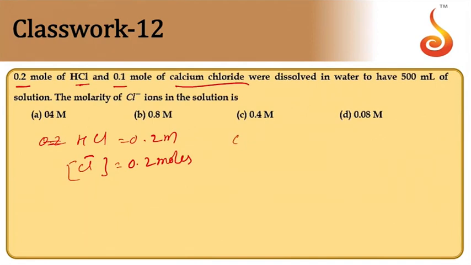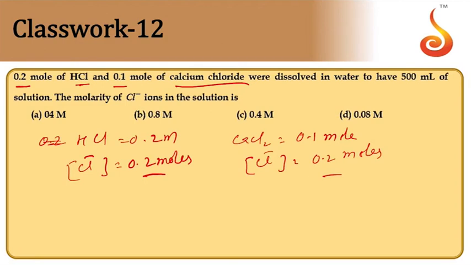CaCl2 is 0.1 mole. So the amount of CaCl2 is given as 0.1 mole. This implies Cl minus ions coming from this will be equal to 0.2 moles. So the total number of moles of Cl minus ions is 0.2 moles here and 0.2 moles here, totally 0.4 moles.